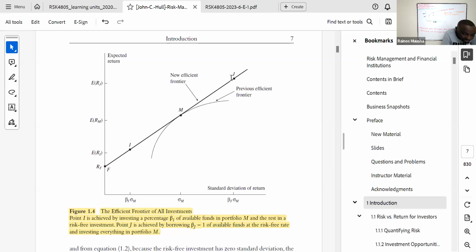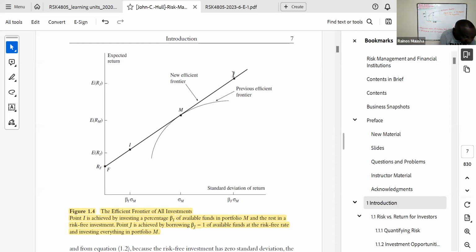So this will enable you to get that particular return, because your returns are going to be catapulted from point M to point J. Reason being, you are using other people's money to make money as well. If you are able to use other people's money to make money, what does that do? You are able to exponentialize your returns, but your risk is also exponentialized as well.